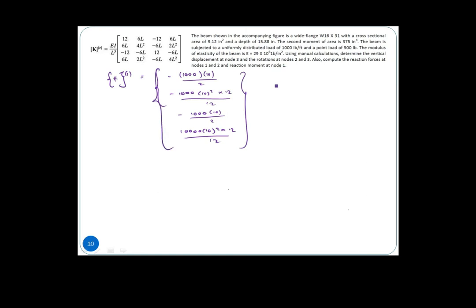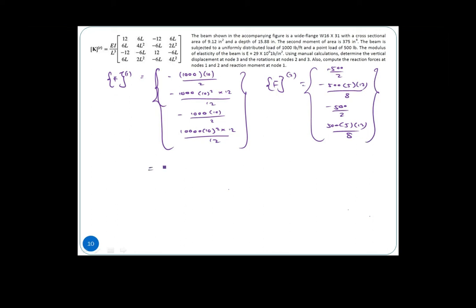Just now is the first element's load matrix. The second one will be negative 500 divided by 2, negative 500 times 5 times 12 divided by 8, negative 500 divided by 2, and also 500 times 5 times 12 divided by 8. All right.